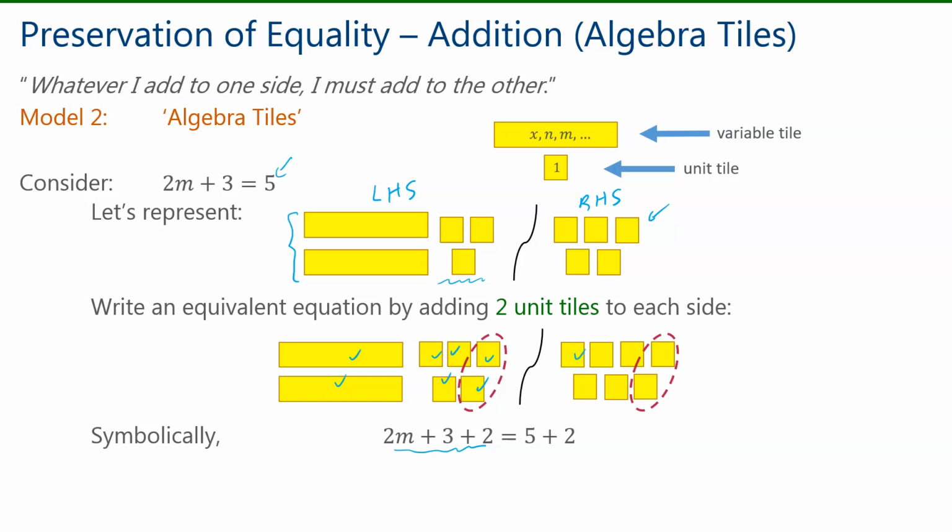And on the right-hand side, we have the 5 that we had there originally and the 2 that we just added in. We can simplify this a little bit to give us 2m plus 5 equals 7. We have a total of 5 unit tiles now on the left-hand side and a total of 7 unit tiles on the right-hand side. So 2m plus 5 equals 7 is an equivalent equation to what we started with, which was 2m plus 3 equals 5.